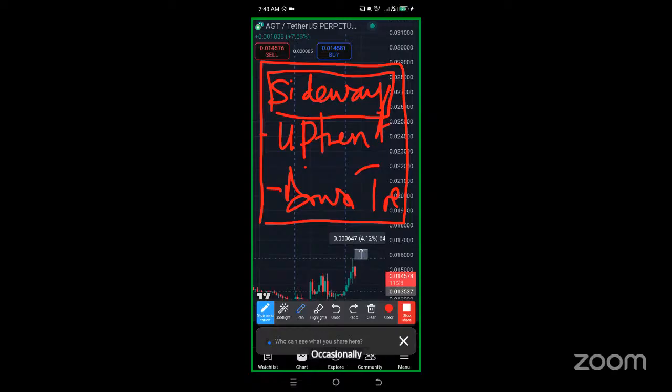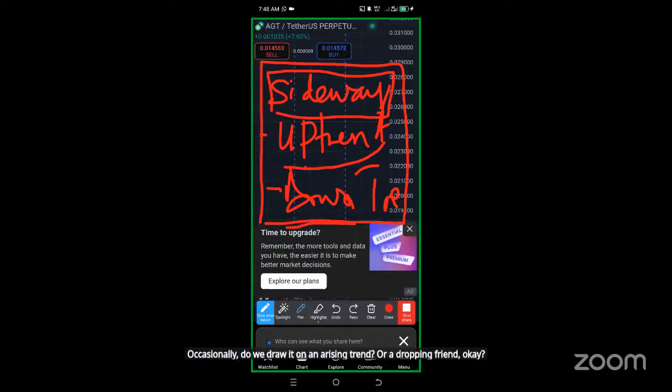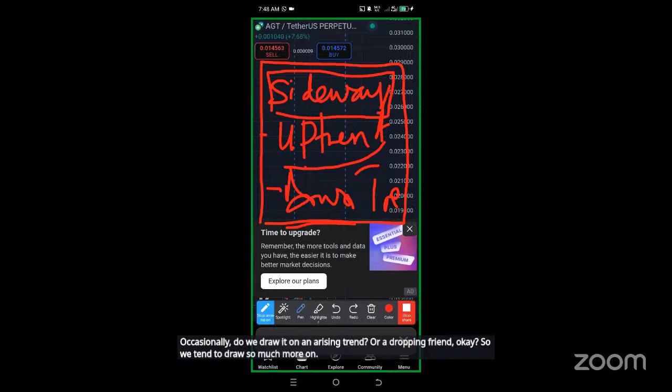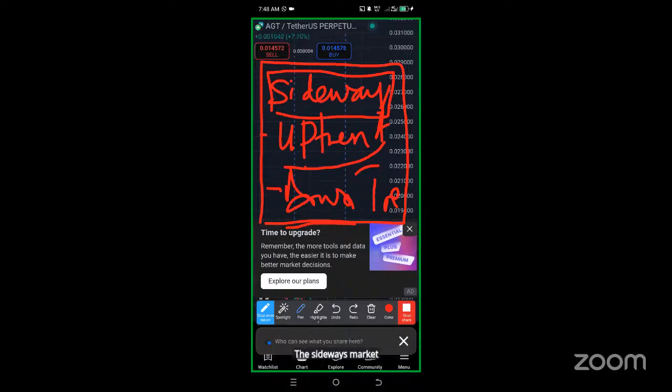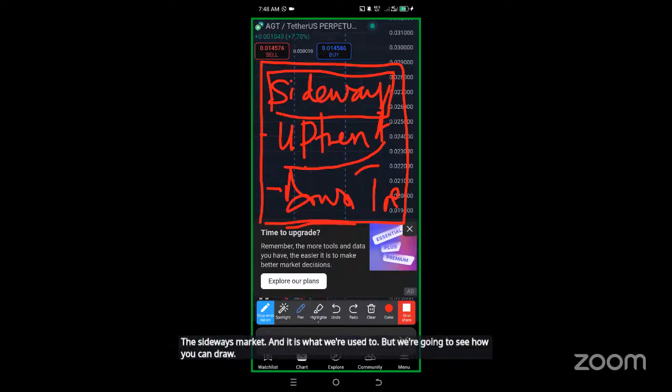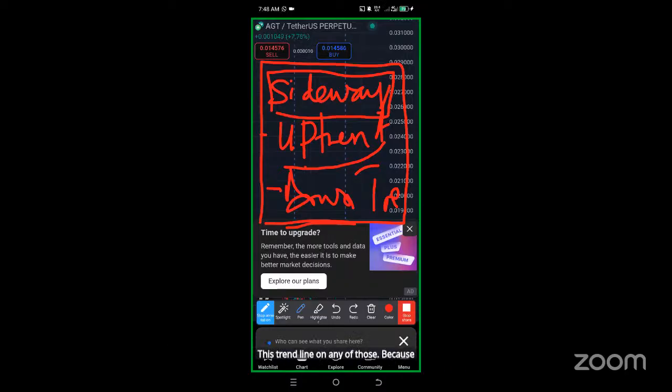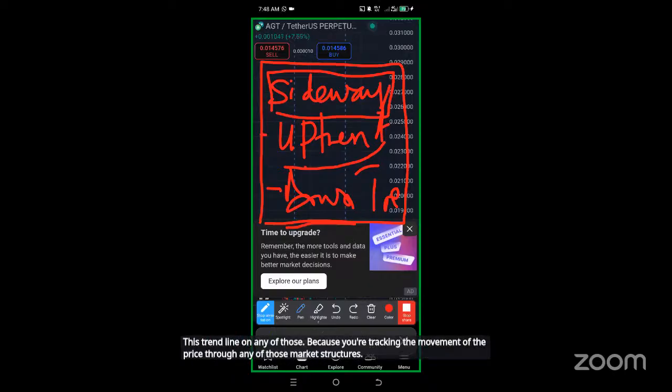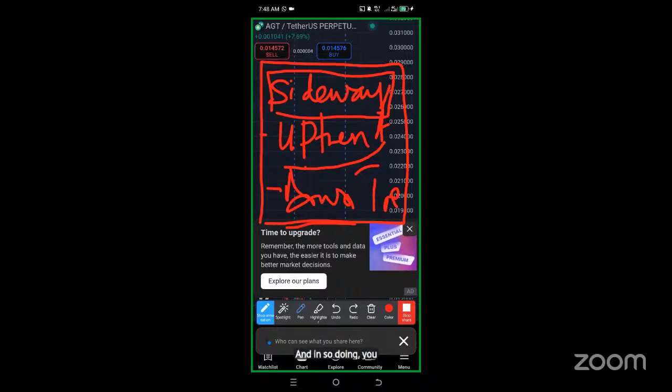Occasionally do we draw it on a rising trend or a dropping trend? Okay? So we tend to draw so much more on the sideways market, and it is what we're used to. But we're going to see how you can draw this trend line on any of those, because you're tracking the movement of the price through any of those market structures. And in so doing, you are at the same time looking for opportunities to make entries and also exit.